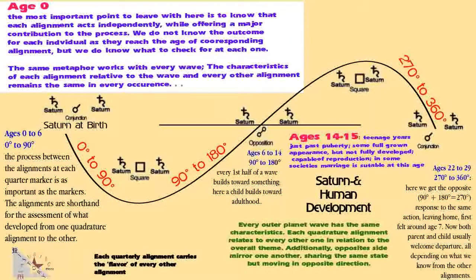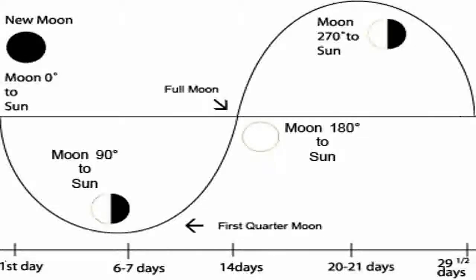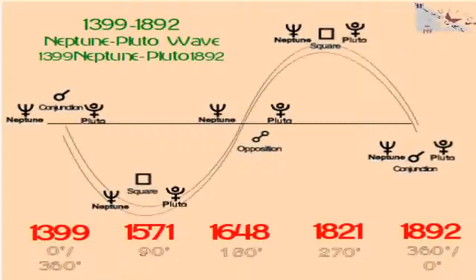Outer planet waves have the same dynamic as we see in the Saturn wave. As we see with the lunar phases, it's the same relationship between the sun and the moon as it moves through time. All we're doing is copying that relationship across time, using that relationship as a measuring device, which we can see later.